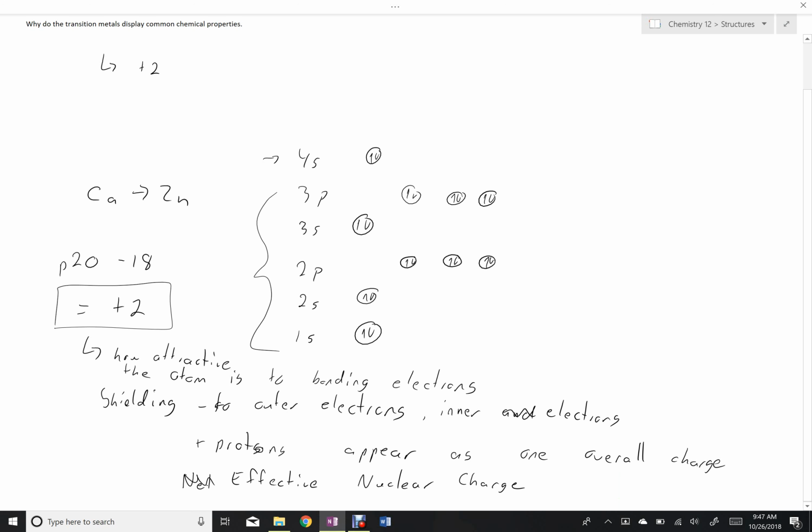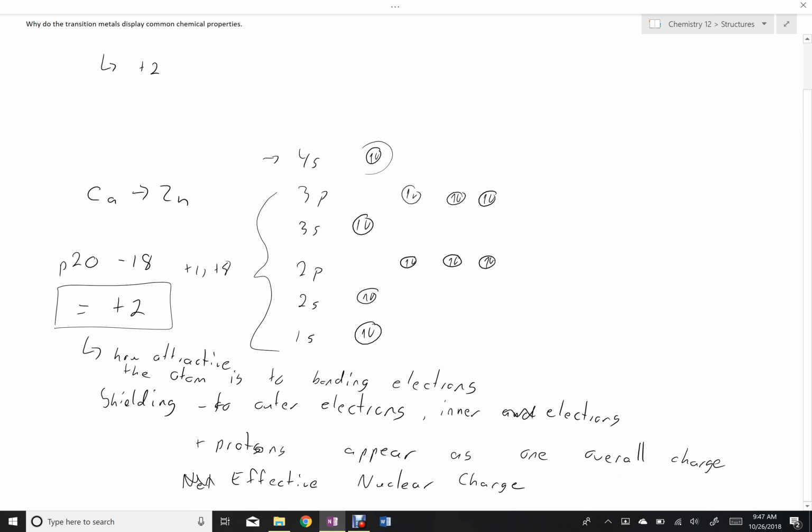So, with calcium here, we'd have an effective nuclear charge of +2. And that would be holding on to these electrons. Effective nuclear charge ranges from +1 to +8. So +2 is pretty low, which is why calcium would react by losing those 2 electrons and forming its charge of +2.